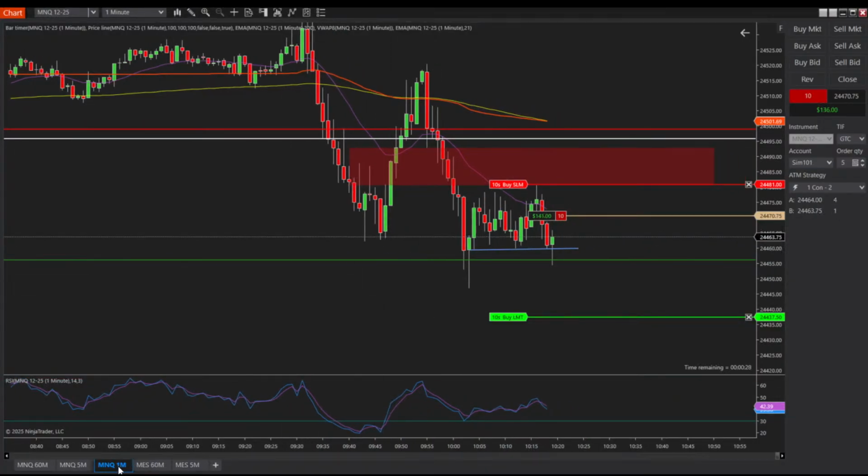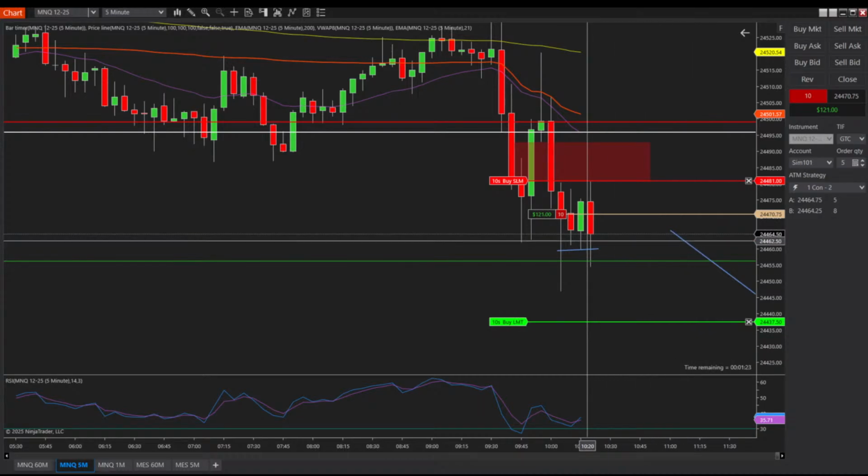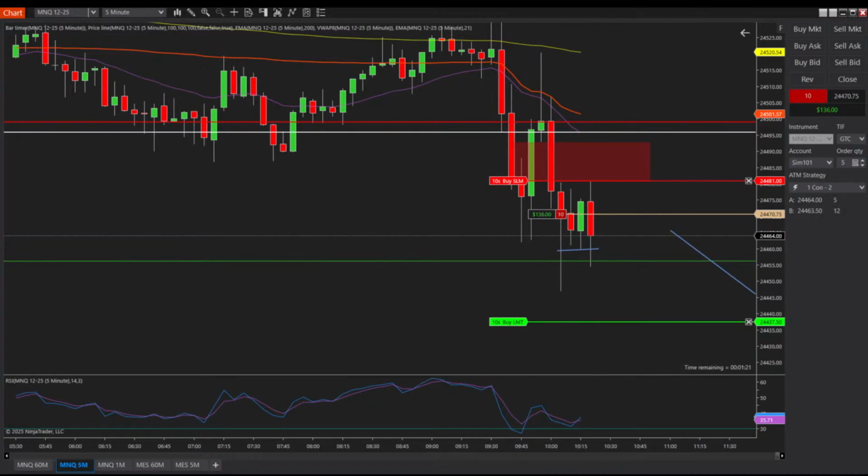Beautiful candle on the 5 minute. Just need to see a strong close. Let's push lower.